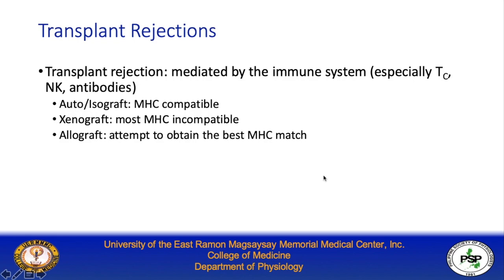Now, the way to determine the risk of rejection is, number one, we check for the blood type. They should have the same blood type, and then after that we check for the MHC. If the MHC are compatible, most likely the tissue will not be rejected.